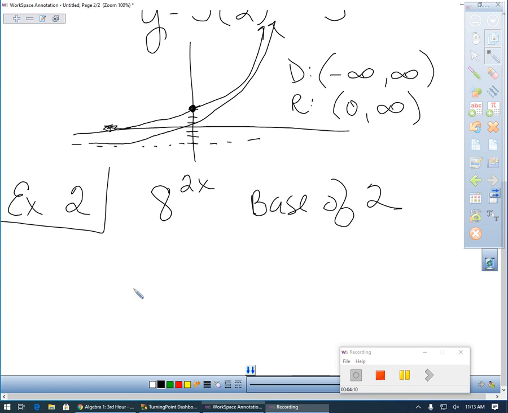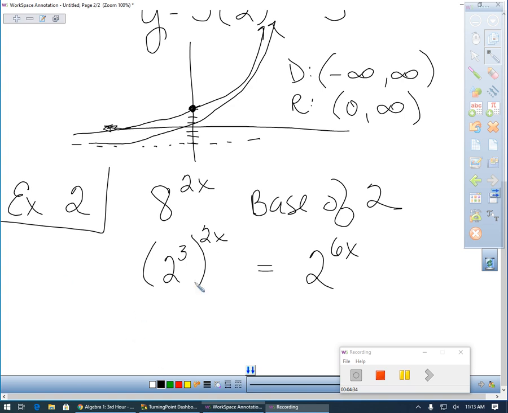So 8 is actually 2 to what power? 2 to the 3rd power, and I still have this 2x out here, right? How can I go about simplifying an exponent to an exponent? So this would be 2 to the 6x. All right? So you have a couple of them today where you're just manipulating that base and rewriting the function. You guys okay with that? All right, I knew you would be.